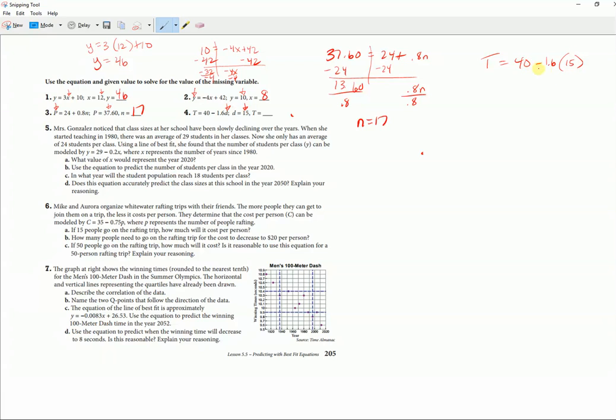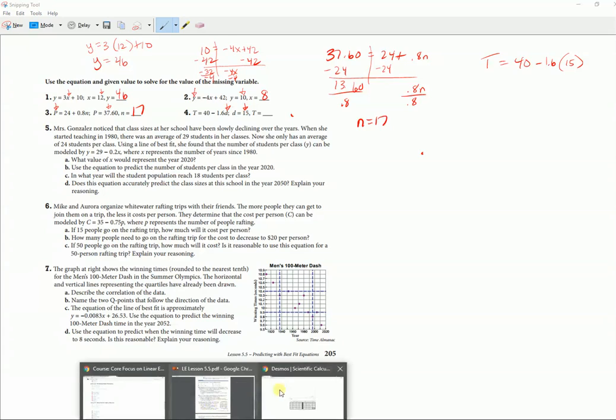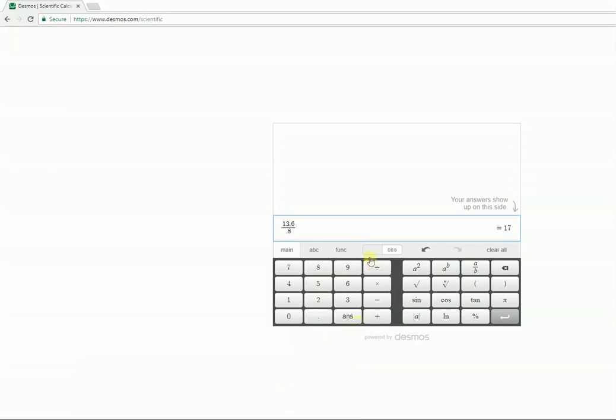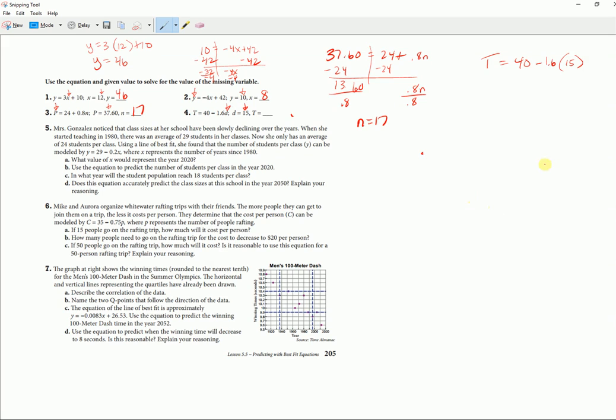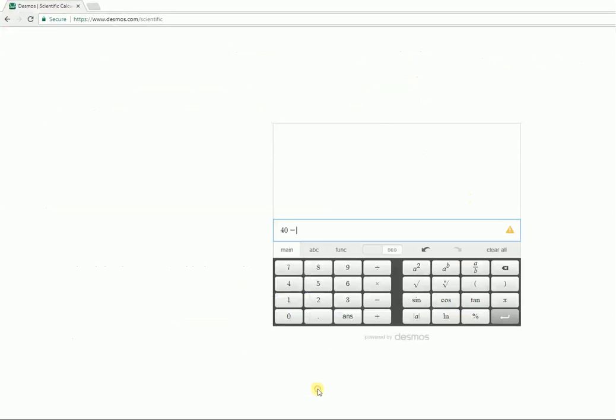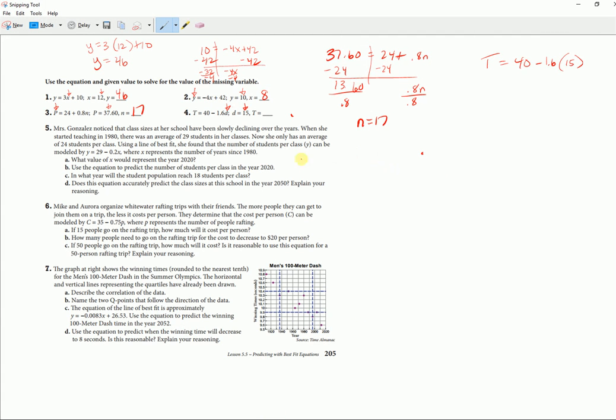Let's jump over to our handy dandy calculator and clear this out. 40 minus 1.6 times 15. They do the multiplication first and then subtract that from 40, and we'll get 16 as our final answer. And I'll go ahead and write that in.